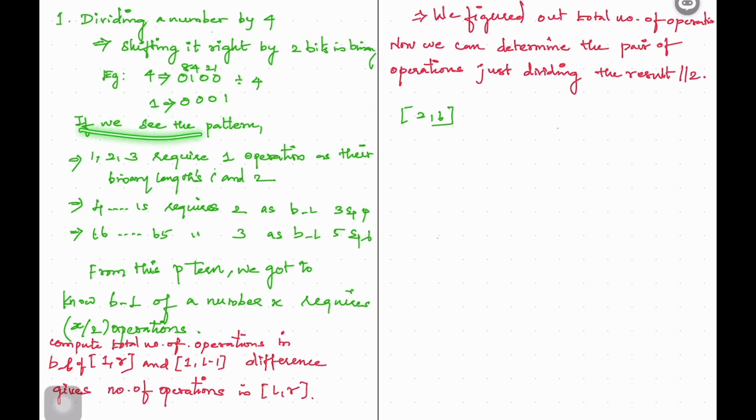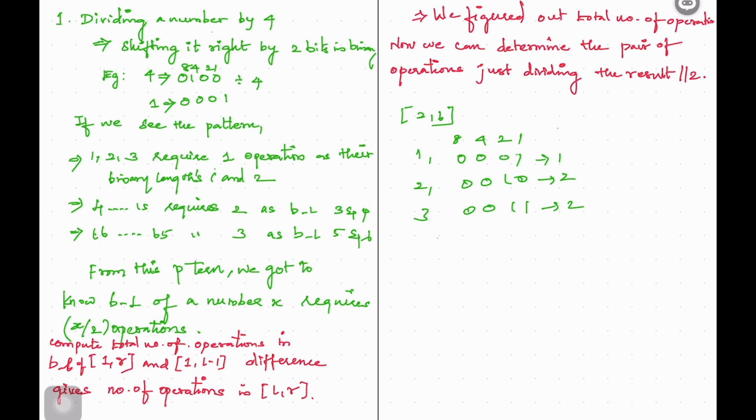Now if you see a pattern, if you take 1, 2, 3, their binary forms are 0 0 1, 0 1 0, 0 1 1. So the binary length is 1, the binary length is 2, the binary length is 2.